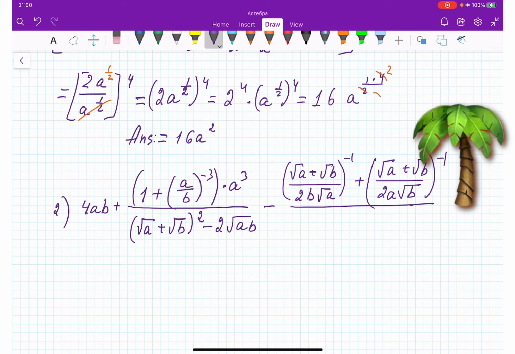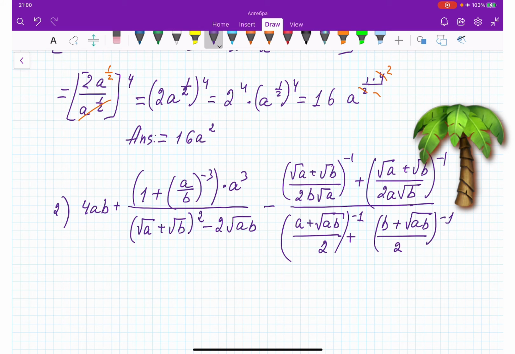Okay, what do we have in the denominator? I have a plus, here I have square root ab over 2, plus b plus square root ab over 2. This is going to be -1.